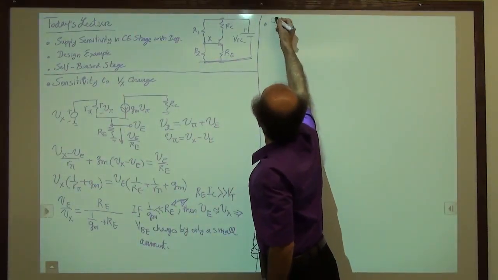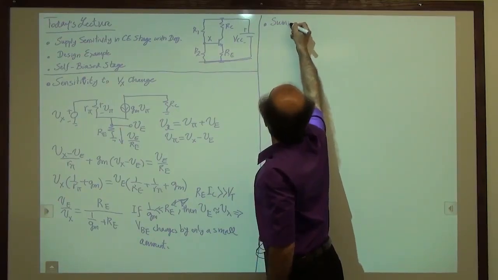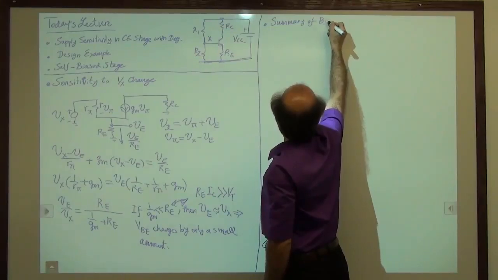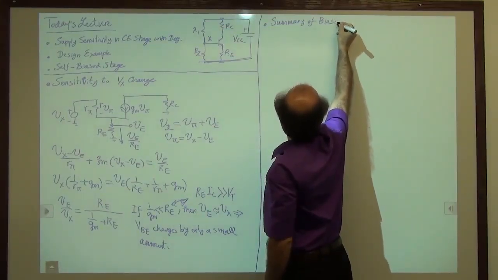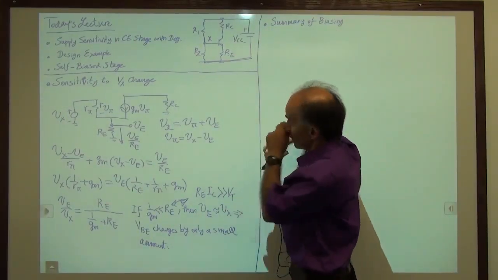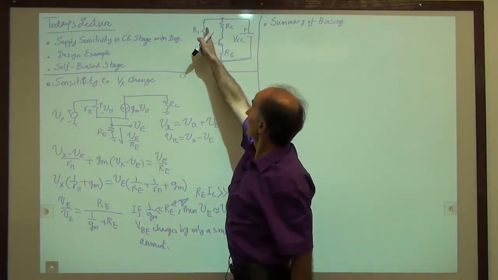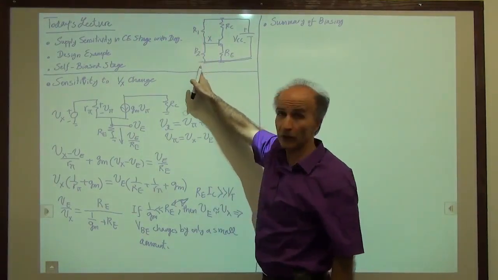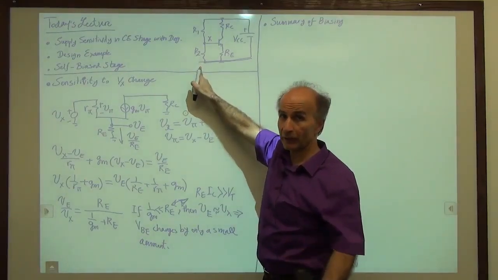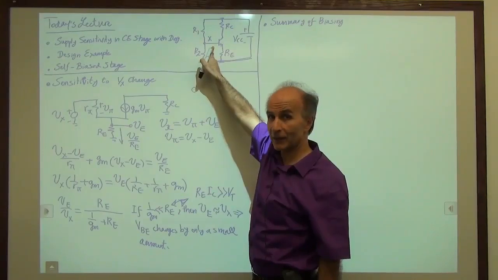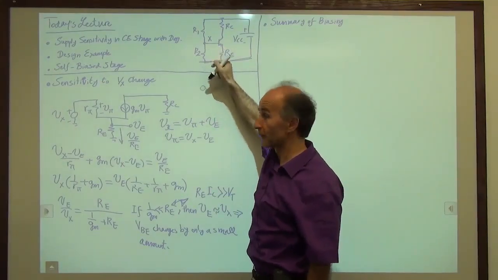Summary of biasing. Okay, so we said that we choose the current flowing through R1 and R2 to be much greater than the base current, so as to minimize sensitivity to the beta of the transistor.